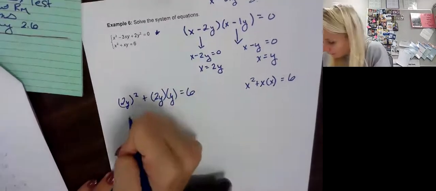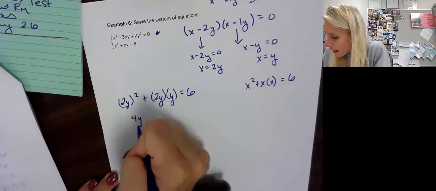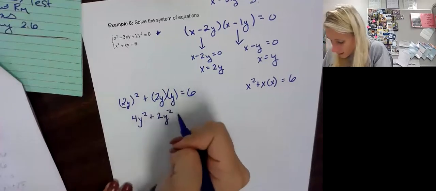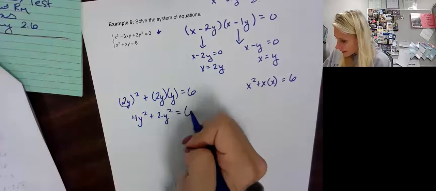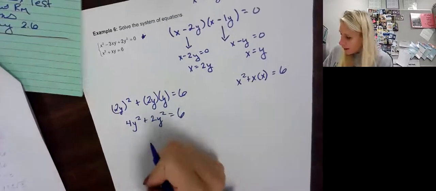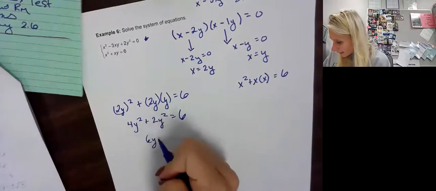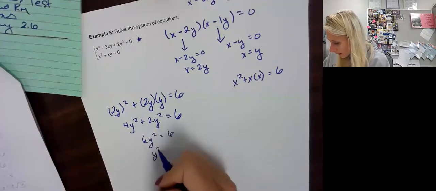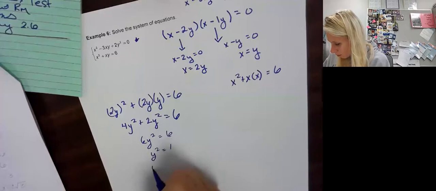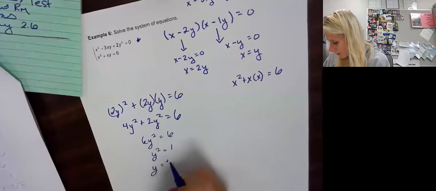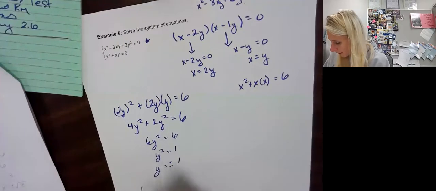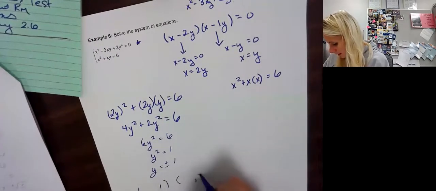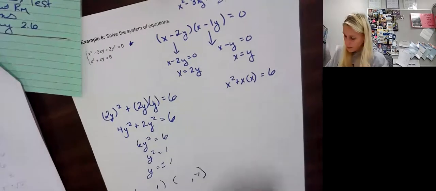Either way is going to be fine. 4y squared plus 2y squared equals 6. 6y squared equals 6. Y squared equals 1. So y equals plus or minus 1. So that means I have a point with 1 as y and a point with negative 1 as y.